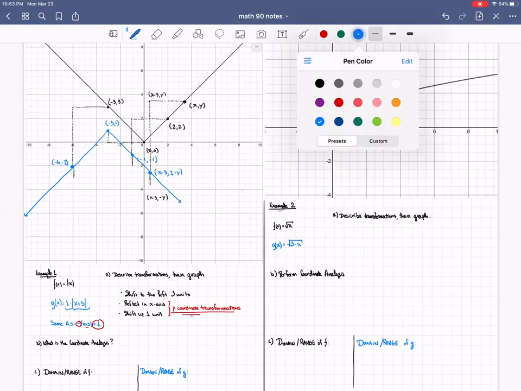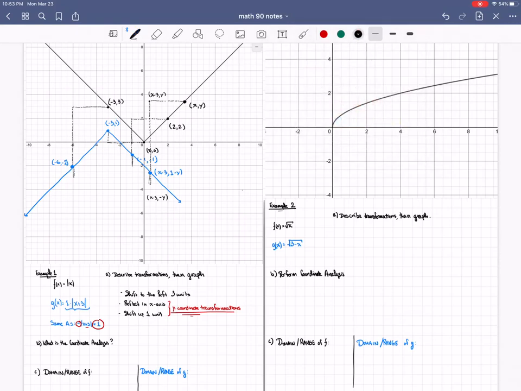So for part B of this first example, what is the coordinate analysis? So if we start with a point (x, y) on the graph of f of x, that ends up at (x minus 3, 1 minus y) on the graph of the new function.